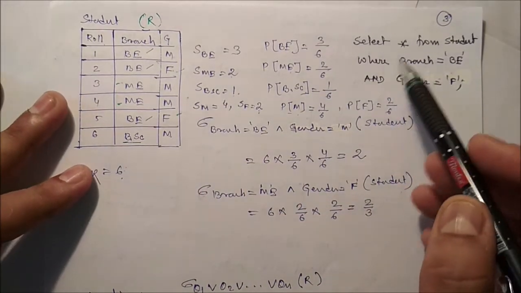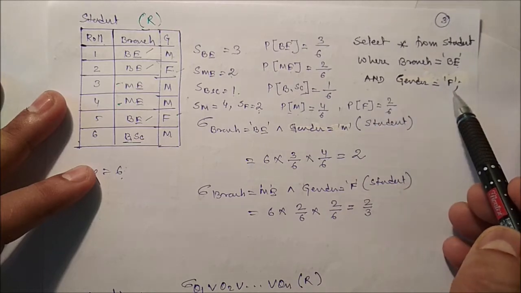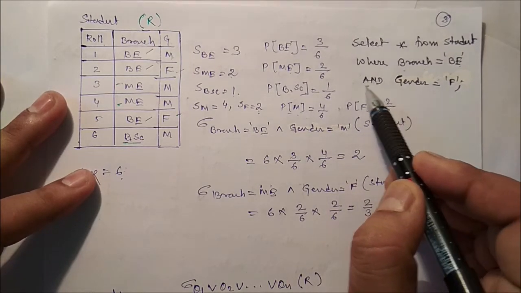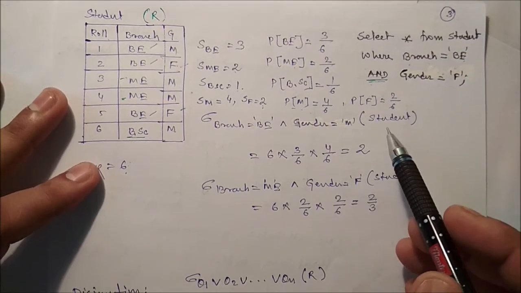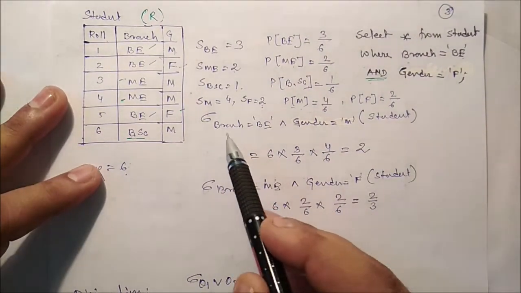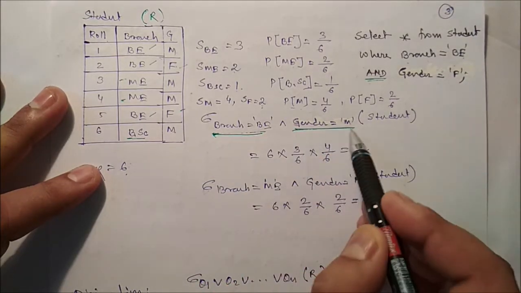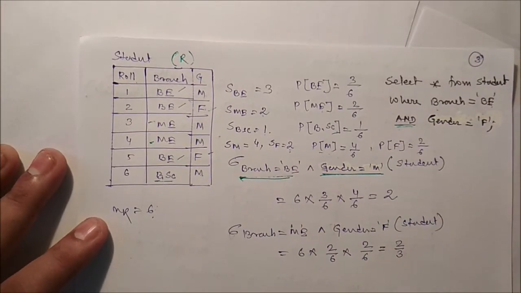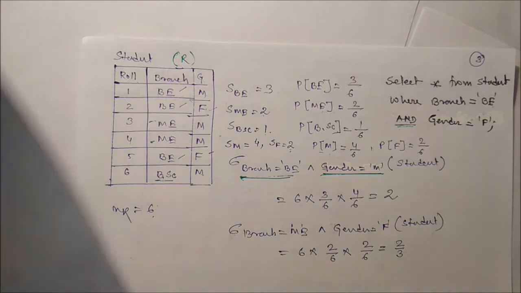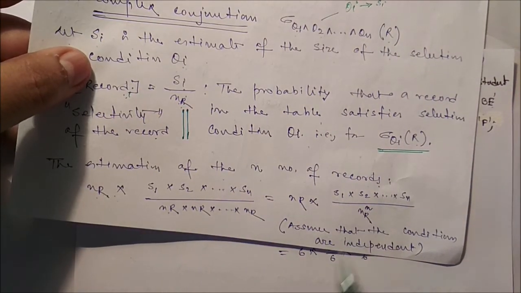Suppose the query is select asterisk from student where branch is equal to BE and gender is equal to male. Here an AND operation is there, and we want to estimate how many students may be present. The formula is very simple: NR into S1 by NR into S2 by NR.